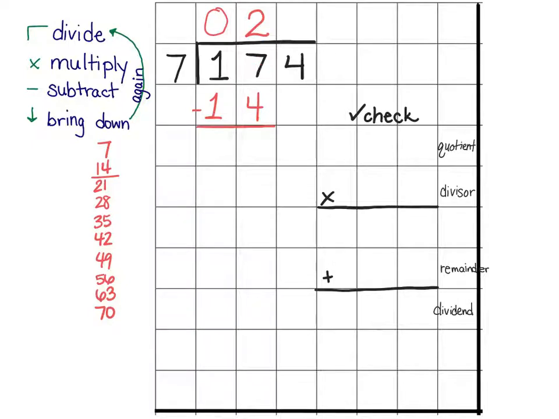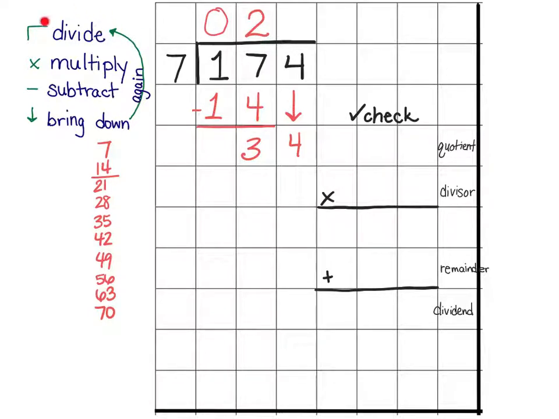So 7 minus 4 is 3. 1 minus 1 is 0. After we subtract, we bring down. Bring down the 4. And we divide again.